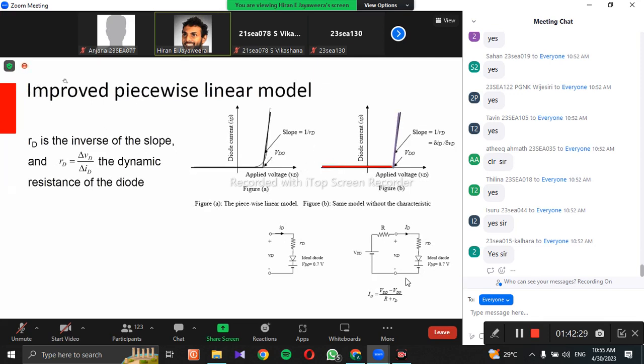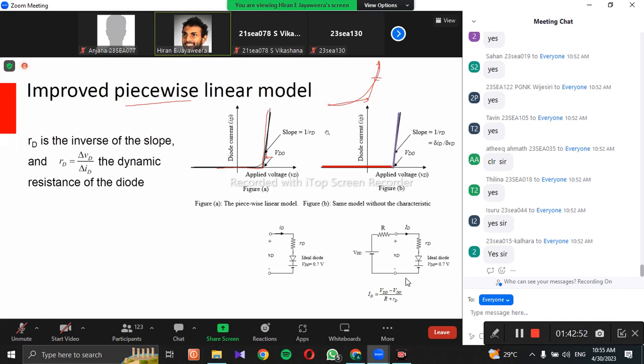Your curve looks like the one over here, but for this piece you say, okay, it works like this, and the rest is another line. So piecewise linear means you have a curve like this, but you are fitting pieces of linear curves. You don't need to worry about that model, but you can also use it.